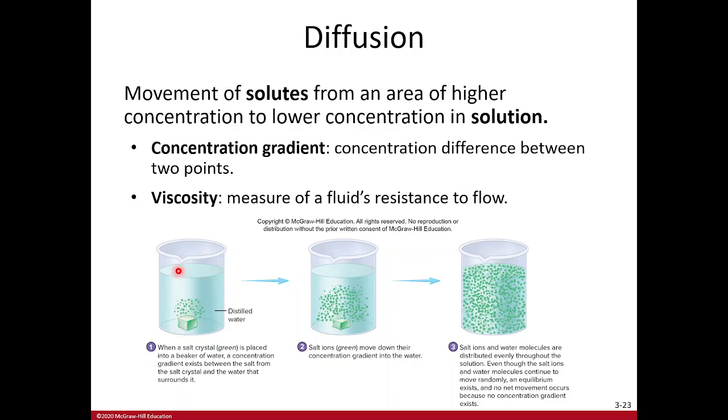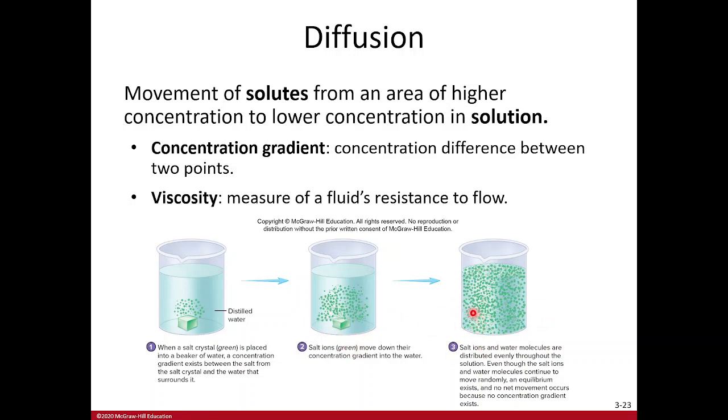This is an example to make the point that diffusion happens from high concentration to low concentration. In this case, you have a beaker filled with water. When you add a salt crystal with green dye at the bottom of this beaker, the molecules will start to diffuse from the bottom of the beaker into the mid part and then ultimately toward the entire water filling this beaker until you have dissolved this salt.